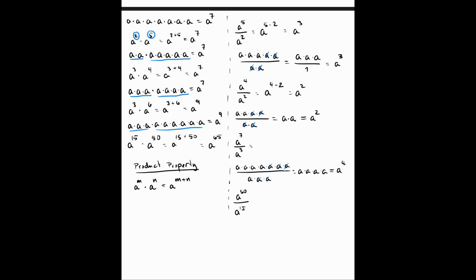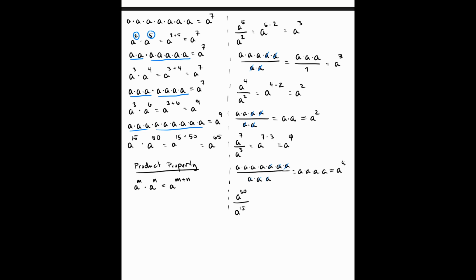Let's try it out with the third example. 7 minus 3, because we're taking away the 3 a's in the denominator from the 7 a's in the numerator. That would give us a to the 4th, which does in fact match what we got before.